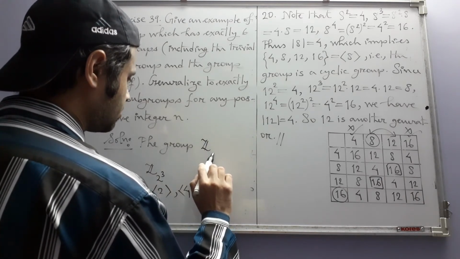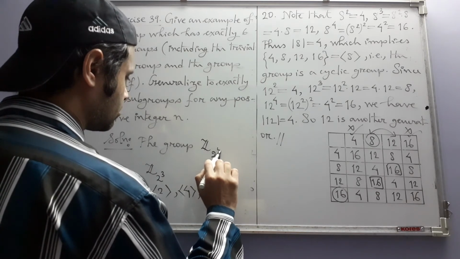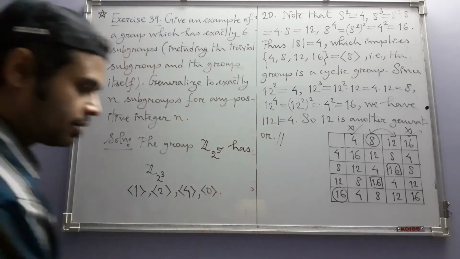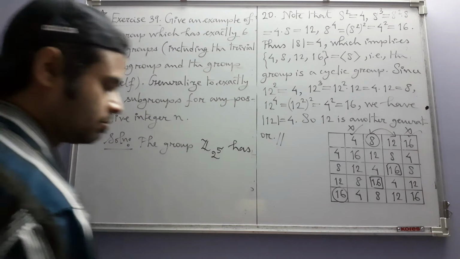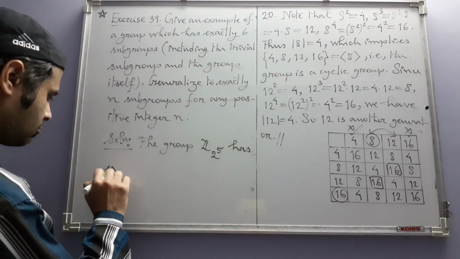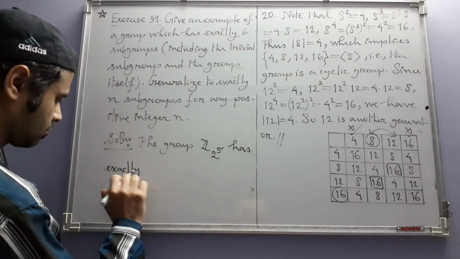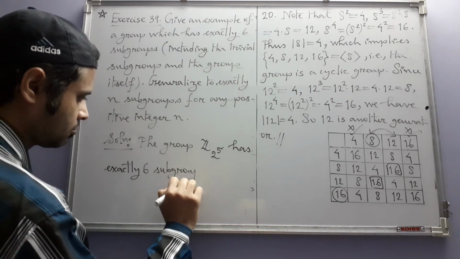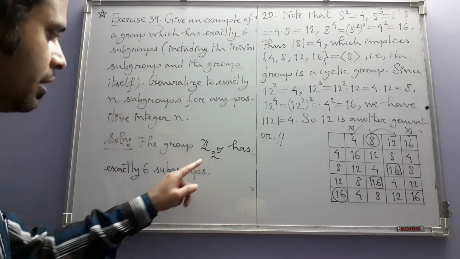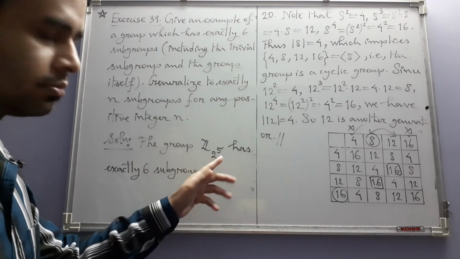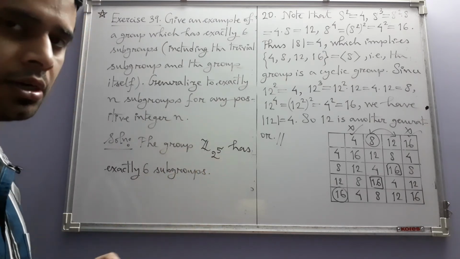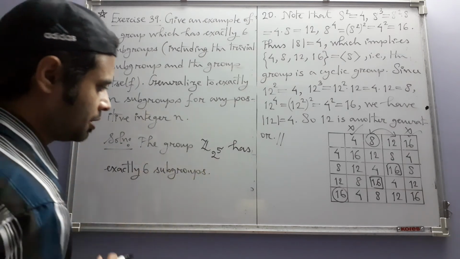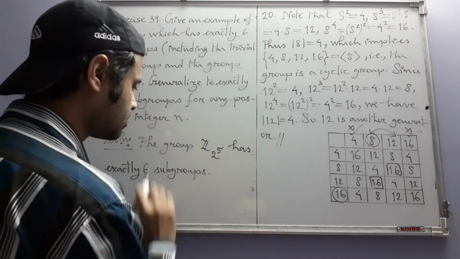So that means this has exactly 6 subgroups. If you want, you can change this prime also. Nothing will change, I mean the number of subgroups will not change. The group and its subgroups will themselves change, but the number will remain the same. It depends only on this exponent.